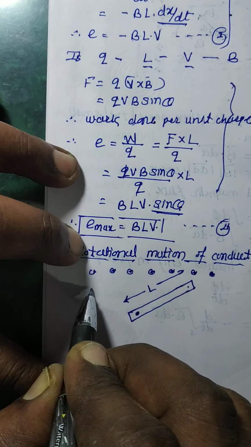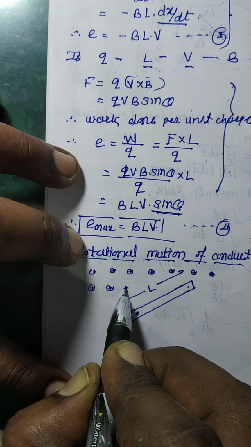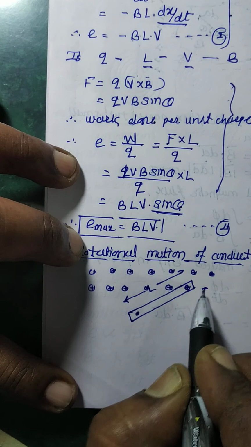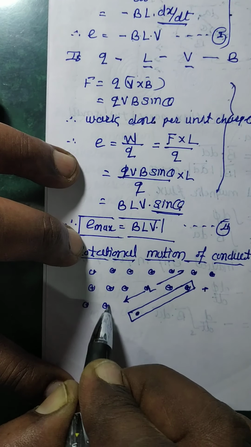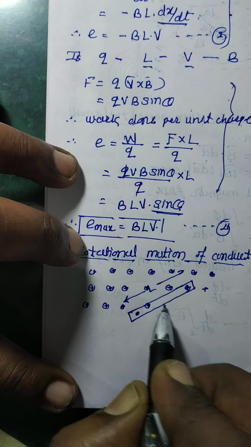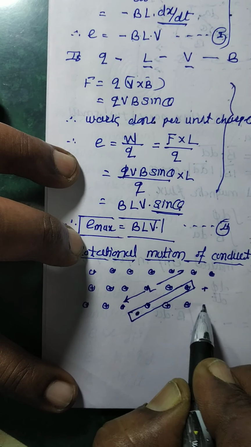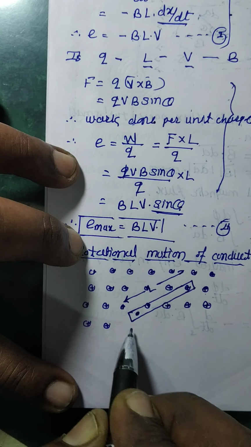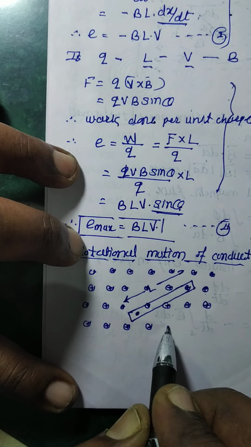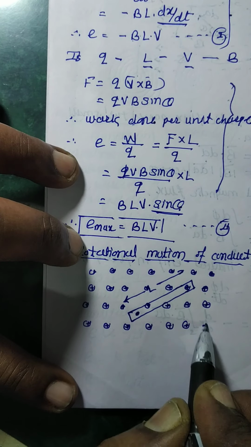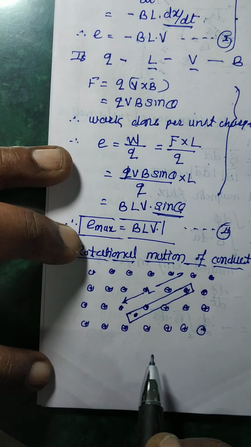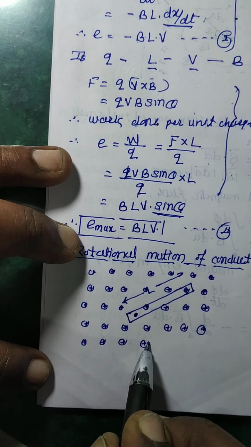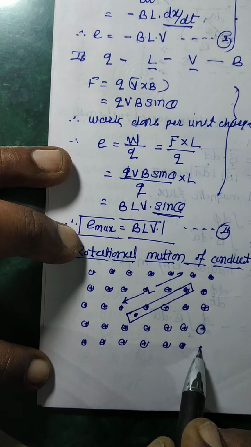Suppose this one is a uniform magnetic field like this.